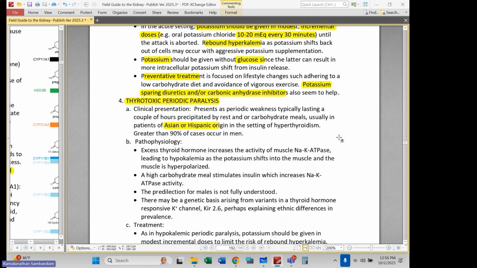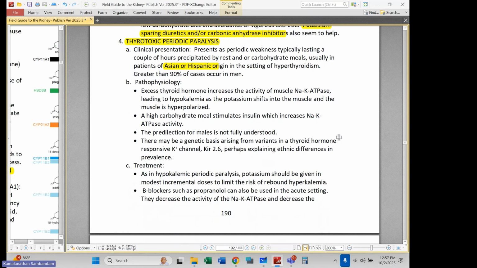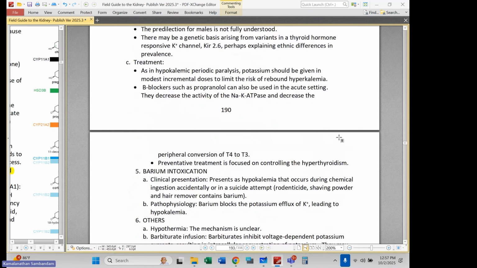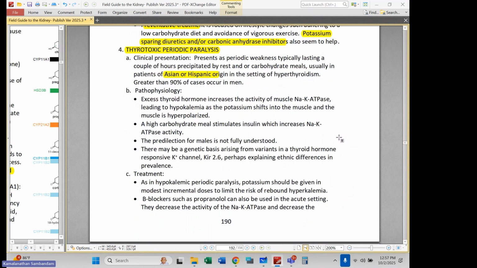All right. So let's then go on to this periodic paralysis, and probably we'll end there. The thyrotoxic periodic paralysis. Again, this is typically a Hispanic male. Greater than 90% of them are in males. Hyperthyroidism is the precipitating factor.